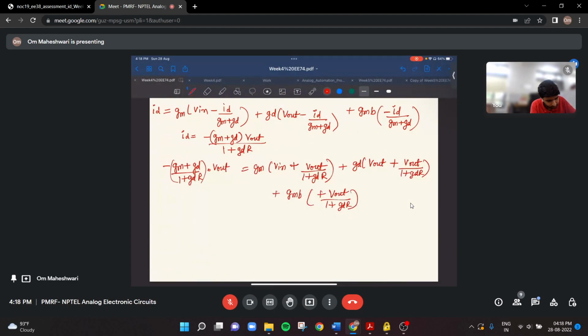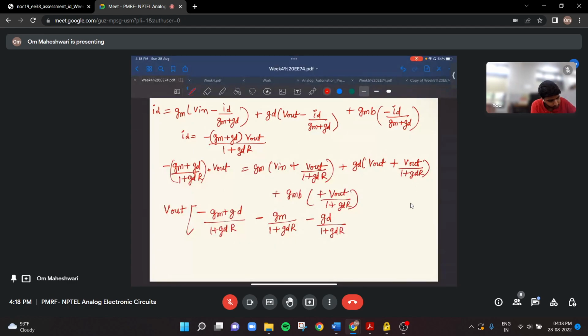Let us take all the V out terms common. So V out minus GM plus GD over 1 plus GDR, minus GM over 1 plus GDR, minus GD, minus GMB over 1 plus GDR.